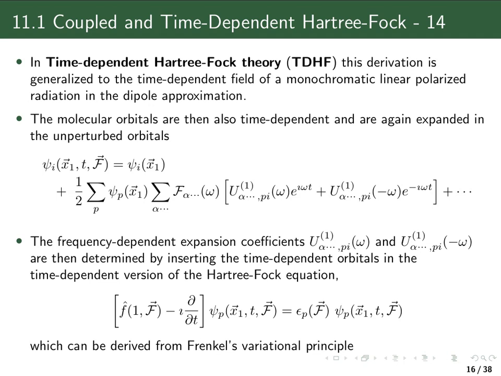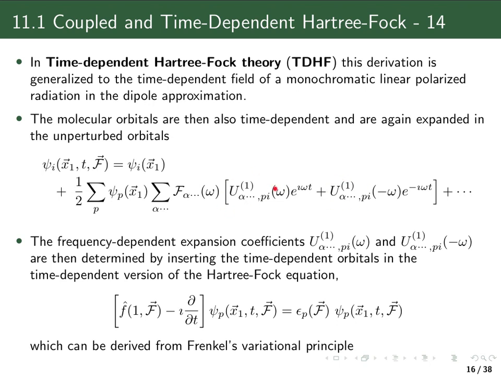Now, like in the coupled Hartree-Fock method, in the time-dependent Hartree-Fock method, we also expand the spin orbitals, which are now perturbation and time-dependent, in the corresponding perturbation and time-independent spin orbital, and then a series of corrections. And these series of corrections are again expanded in the complete set of the unperturbed orbitals, where we have again these unitary transformation matrices.